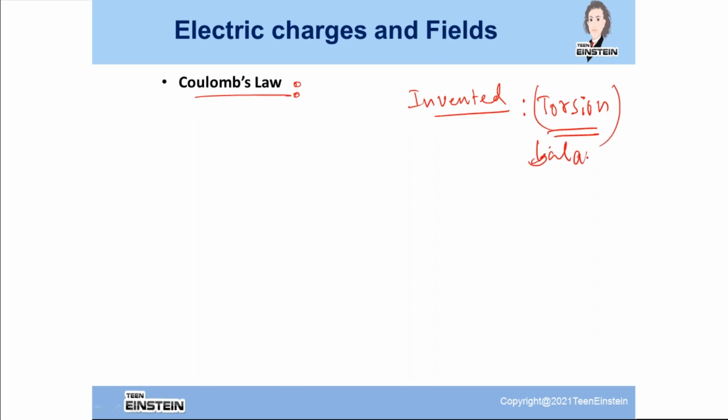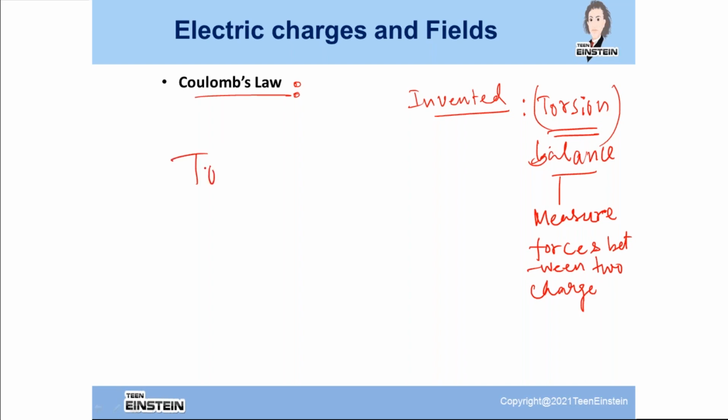It can measure force directly, the force between two charged entities. So he invented an instrument which is called the torsion balance. I'll write once again, torsion balance.